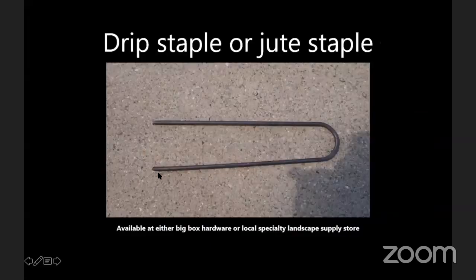And here's just a close-up of the staple. This is the staple that holds down the inline drip tubing, the header, if you need to hold your header down, as well as even if you're using any type of drip irrigation.